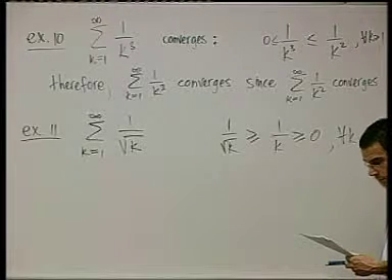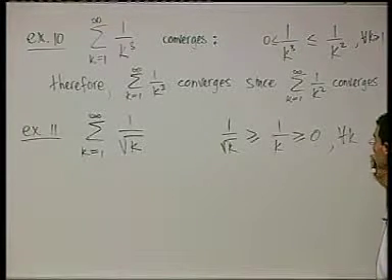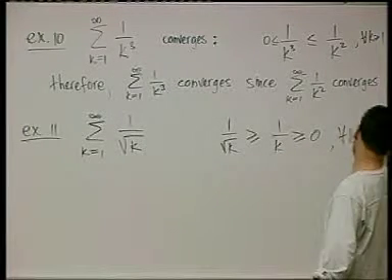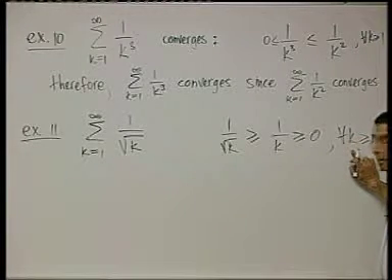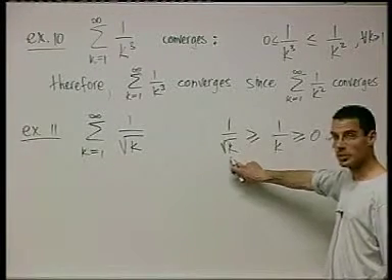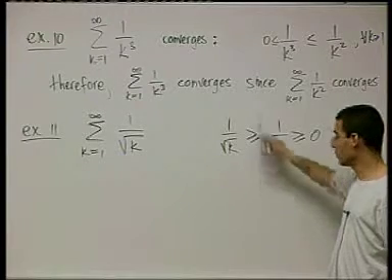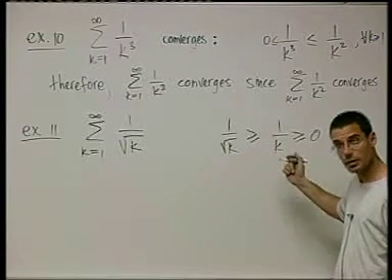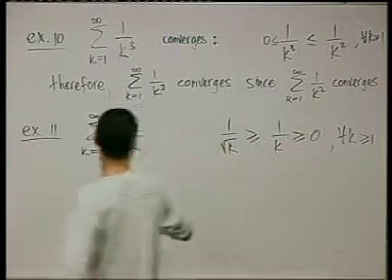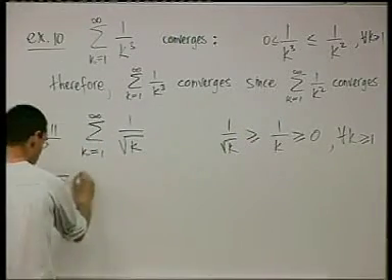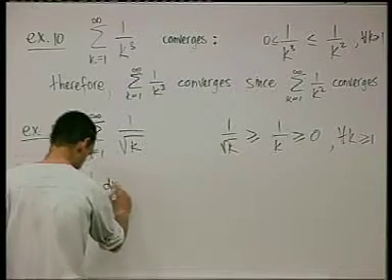Why is it greater? Oh, k greater than or equal to 1. The k's are integers. So if you take the root, it's smaller than the number itself. 1 over it is bigger. Good? Okay. And so sigma 1 over k diverges.